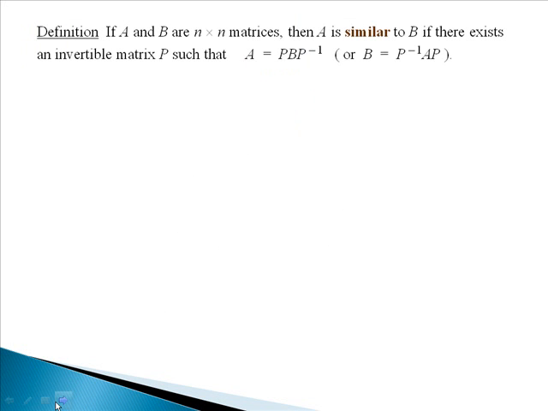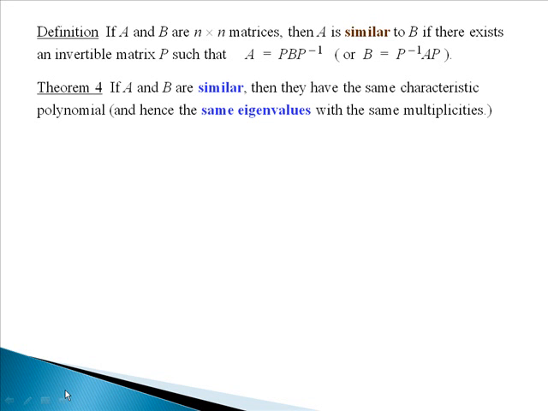So now let's look at a definition. If A and B are n by n matrices, then A is what we call similar to B if there exists an invertible matrix P such that when I multiply B on the left by P and on the right by P inverse, that is equal to A. Or similarly, that B is equal to P inverse times A times P. So that being said, let's look at theorem 4.